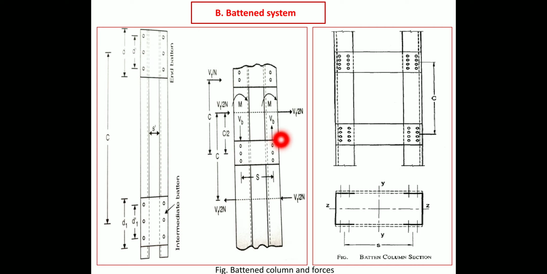Here we go through the batten system as well as the forces acting over it. The shear component Vt divided by twice n acts longitudinally or horizontally over this batten system, and the moment may take place. Accordingly, we derive the formulas to consider during the design of the batten system.